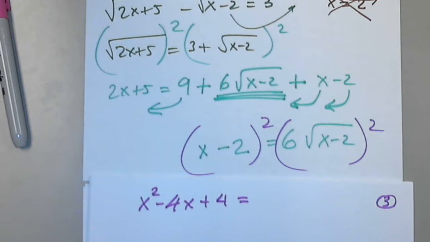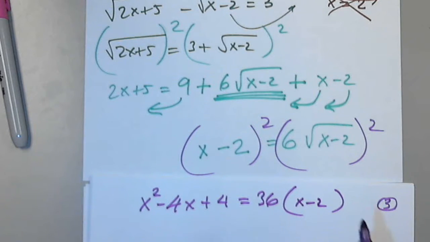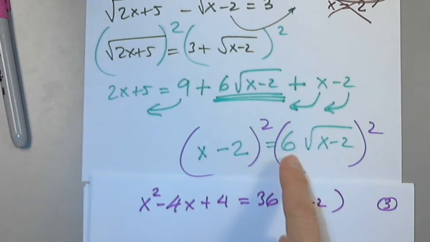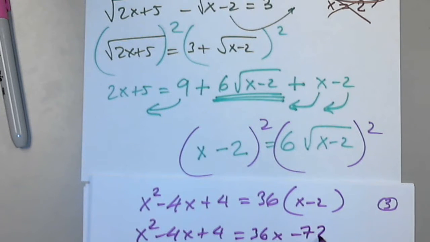Equals? 36x minus 72. You're correct, but I just wanted to show it why. So this is a product. It's not a sum or a difference. The product is always easier. I square 6 and I square the square root. Now we distribute. X squared minus 4x plus 4 equals 36x minus 72 indeed.